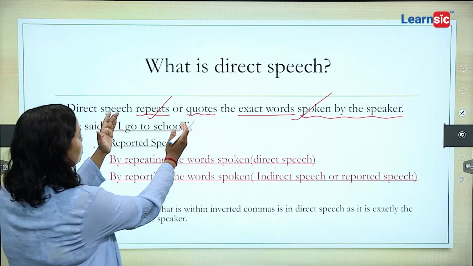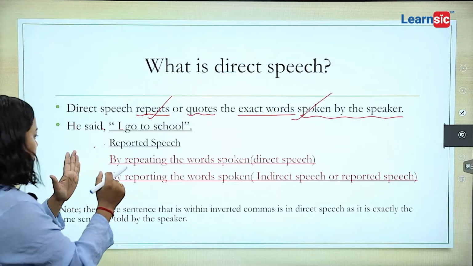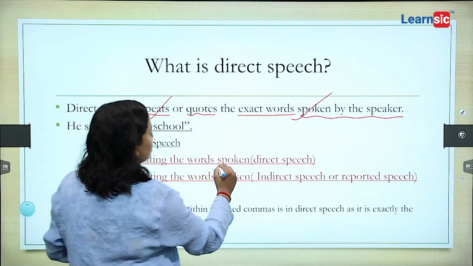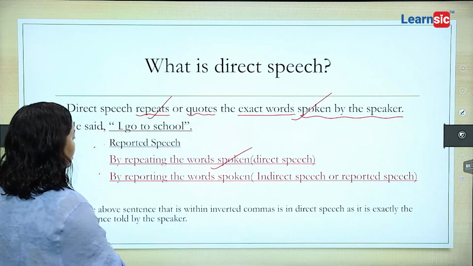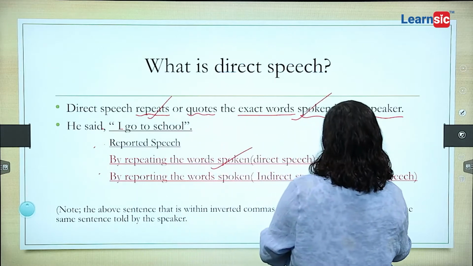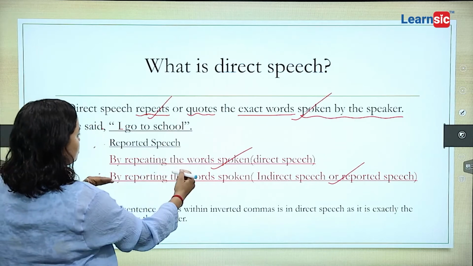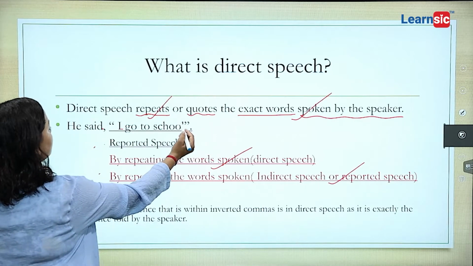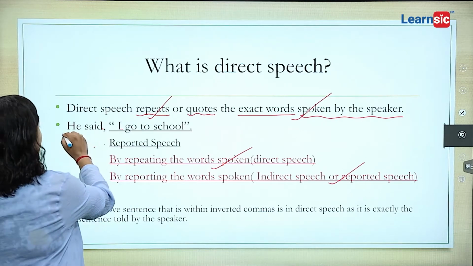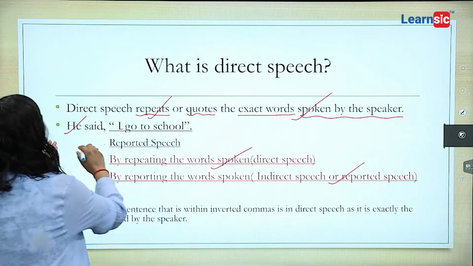अब यो I go to school लाई we can also term reported speech actually. अब यसलाई कसरी गर्ने? By repeating the words spoken. अब यसलाई नै repeat गर्नु छ अब हामीले. कसैले केही भन्यो, I go to school त कसैले भनिसक्यो. अब he, somebody, he might be Ram, Sam, whatever the name is, उसले के गर्दैछ?